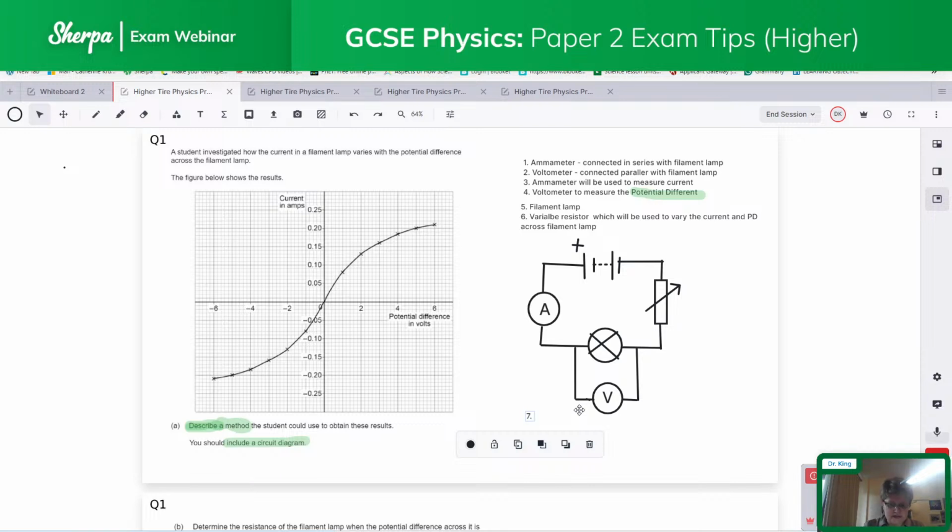You need to write down that the range of potential difference is between 0 volts and 6 volts. Okay, we will get to the point of how to get negative values.